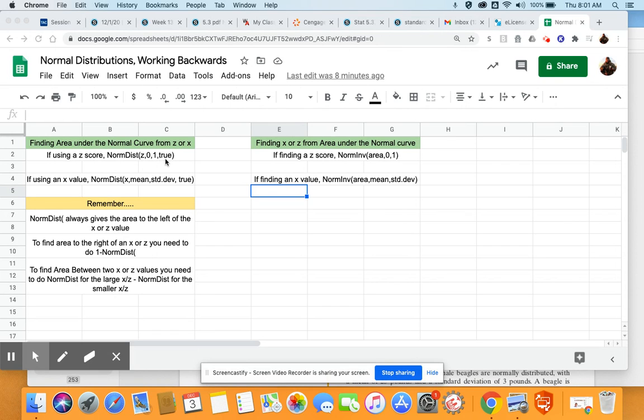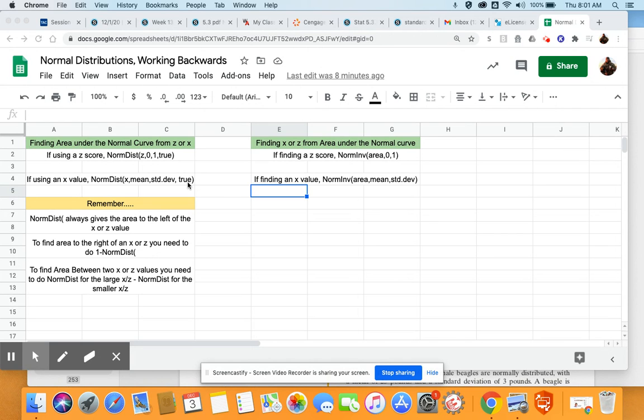The word true tells it to do a cumulative probability, so it's doing a sum of all probabilities. And if we're using an x value, we're just going to transpose. Instead of z, we'll put our x value in, the mean that is given to us or that we've calculated from a data set, standard deviation, and again, the word true, because we do want to do a cumulative distribution.